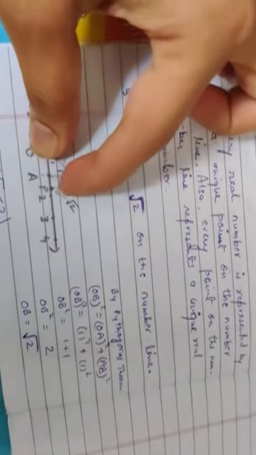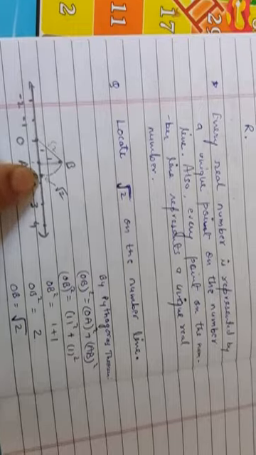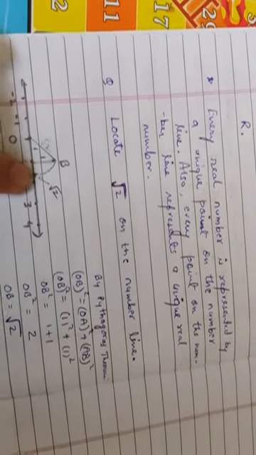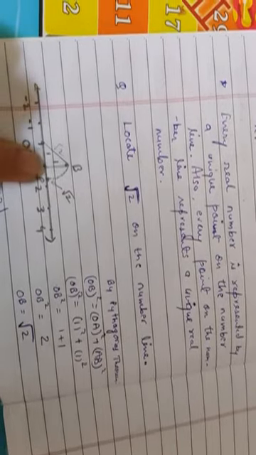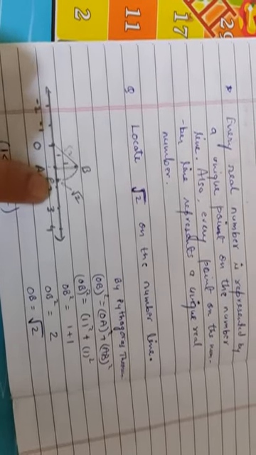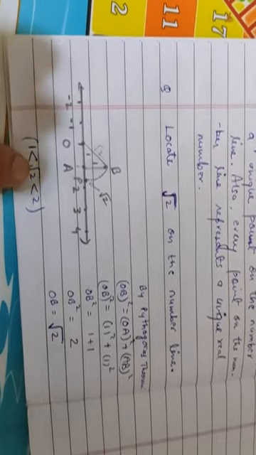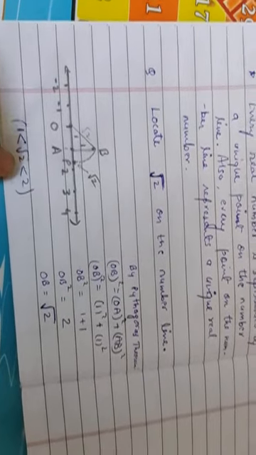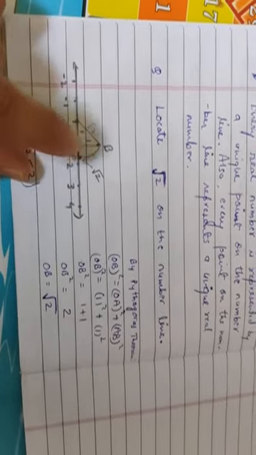This would be the arc B to P. Wherever the point P forms on the number line, it would be root 2, which is lying between 1 and 2. That means root 2 is greater than 1 but less than 2. Point P is root 2.